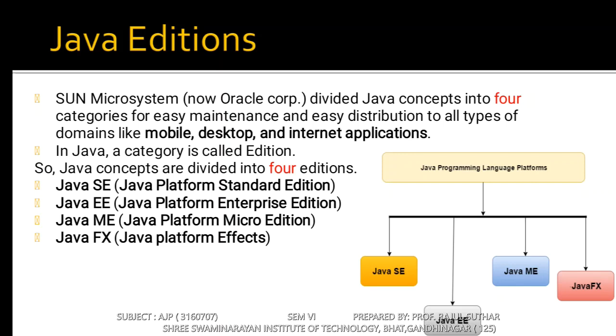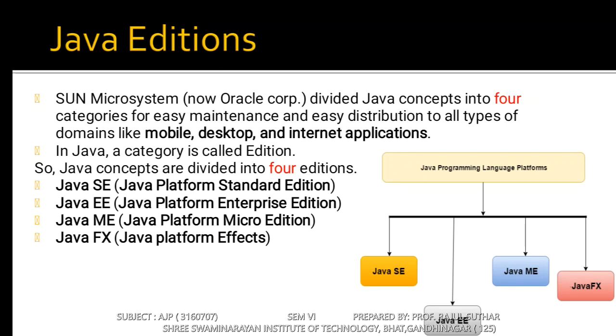In Java, a category is called an edition. So the Java concept is divided into 4 editions. First one is the Java Platform Standard Edition, Java SE. Second is Java Enterprise Edition, then Java ME.